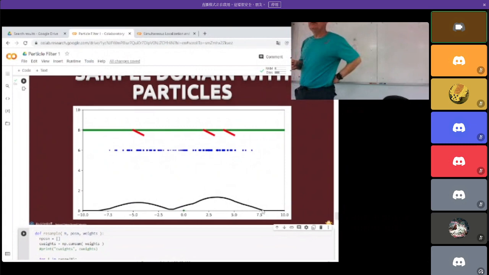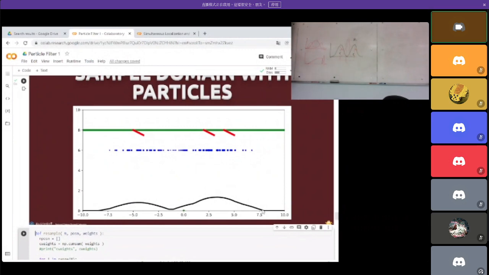But then it's silly to keep track of all of these other particles. So the particle filter does a very clever thing. It resamples the particles. So instead of always using this set of particles, after we update our sensor, we sort the particles based on their likelihood, based on this weight here.